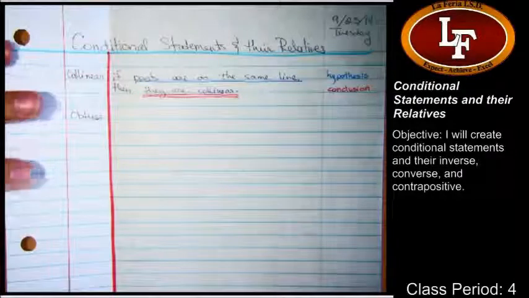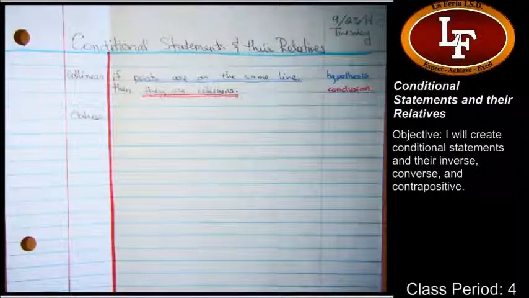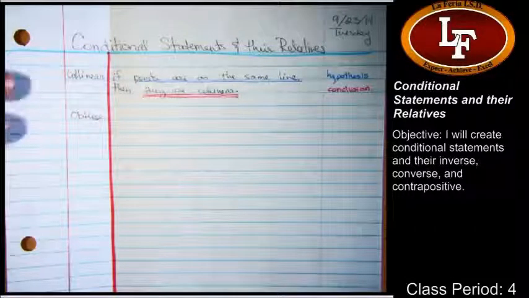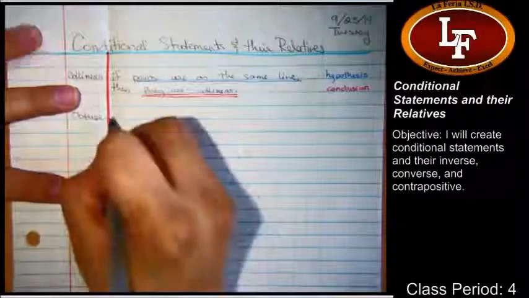Okay, so let's write that as an if-then. If an angle is more than 90 degrees but less than 180, then, beautiful, let's write that.